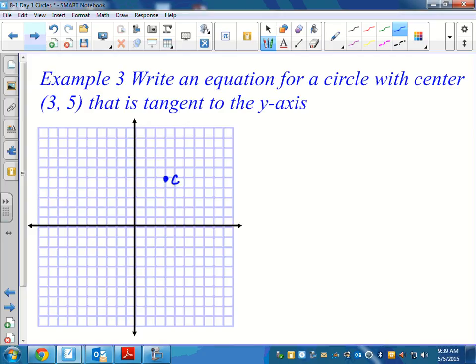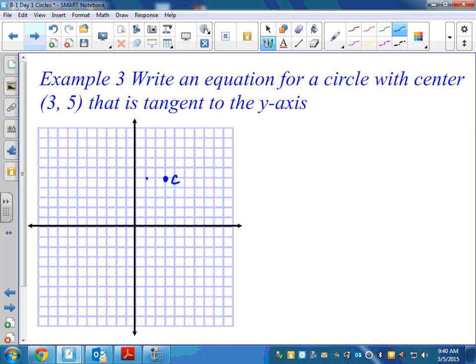If it can only touch the y-axis in one point, the radius can only be one thing. If it was more than 3, it's going to touch the y-axis in more than one point. If you went less than 3, it's not going to touch the y-axis at all, so it's not tangent.